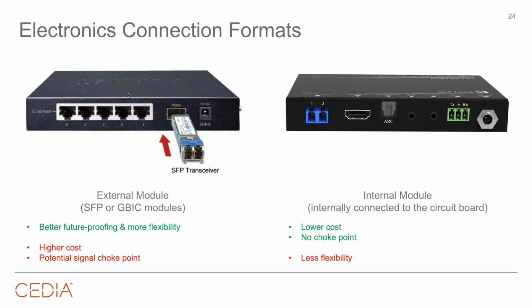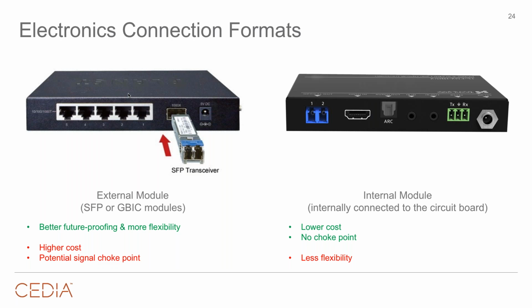Now, electronics. We haven't spent a lot of time talking about electronics. There's a lot of moving parts here. One of the important things that I do like to hit home with, make sure people understand, is there's two ways to engineer your electronics when you're dealing with fiber optics. What's known as an external module fiber connection and an internal module fiber connection.